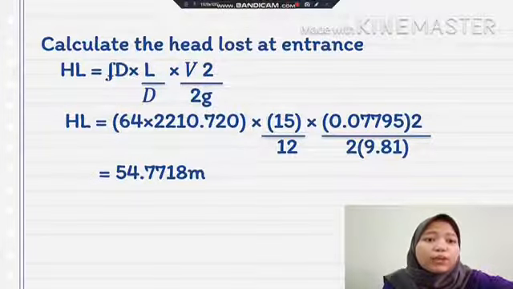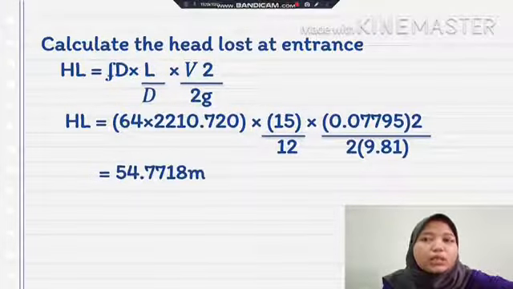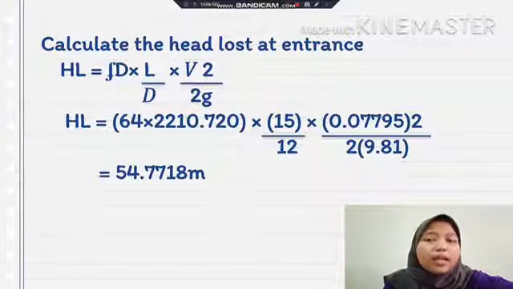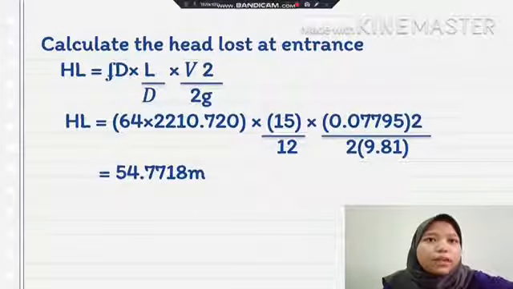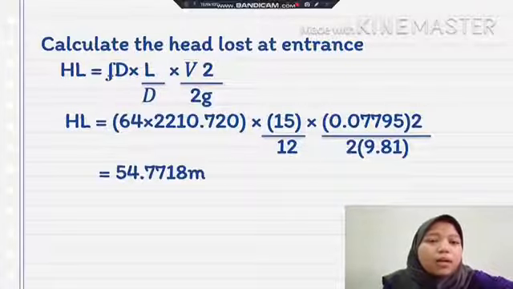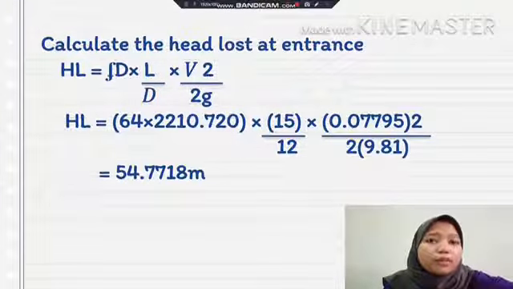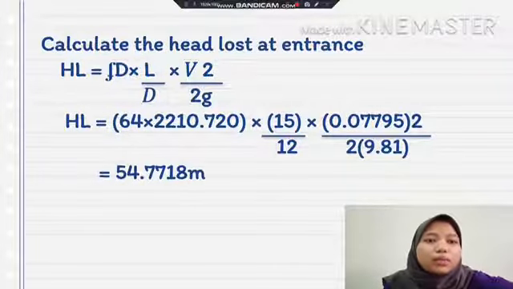If we put in the values in this equation, we will get head loss equals 64 over 2210.720 times 15 over 12 times 0.07795 squared divided by 2 times 9.81 for gravity. So the final answer we will get is 54.7718 meter.